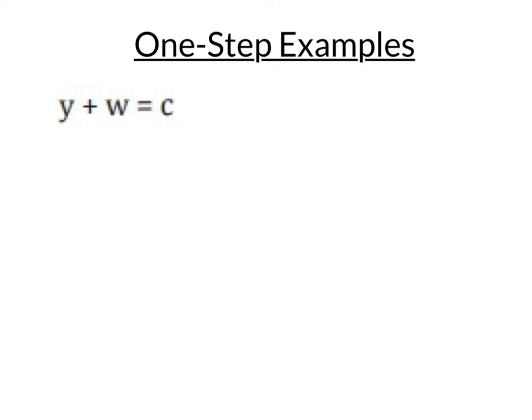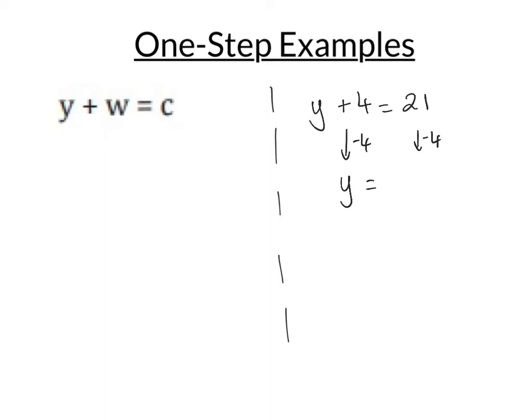Before we go ahead and look at this, I'm just going to remind you of a question which may look something similar, and that is solving linear equations. So I'm going to write y plus 4 is equal to 21. Now, if we had to solve this equation, the first thing we would do is subtract 4 from both sides. We would use our inverse operation, and we would have the fact that y is equal to 17.